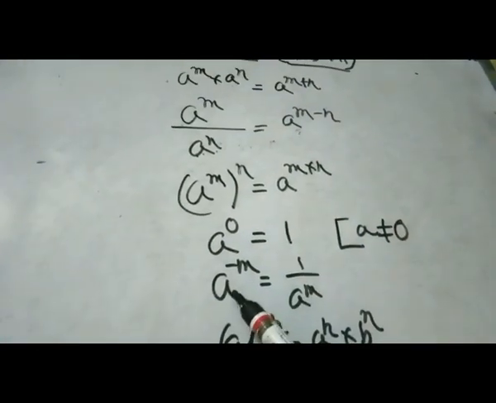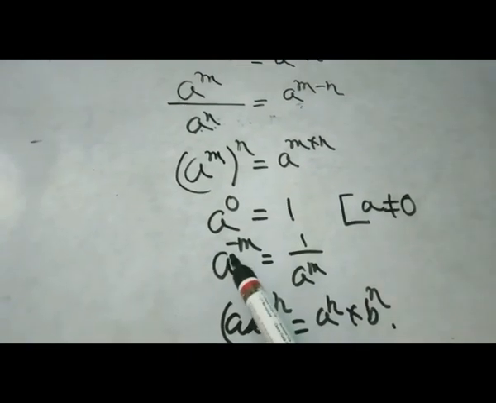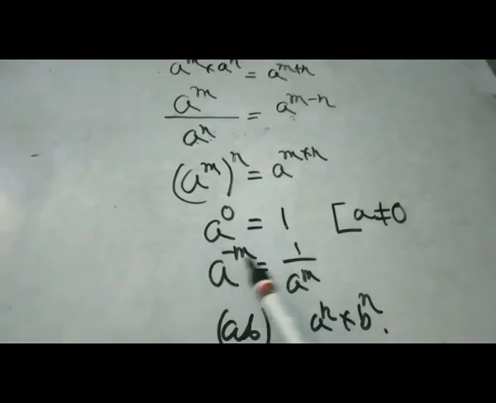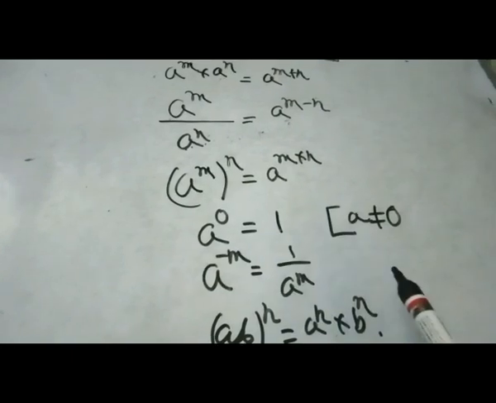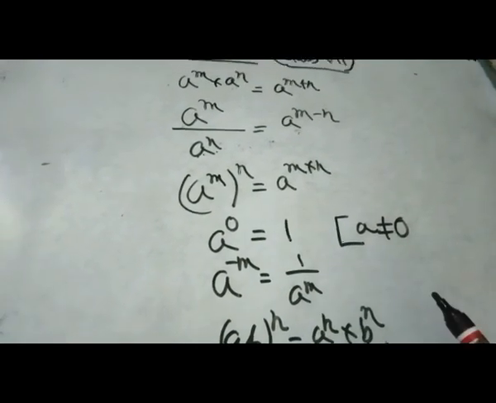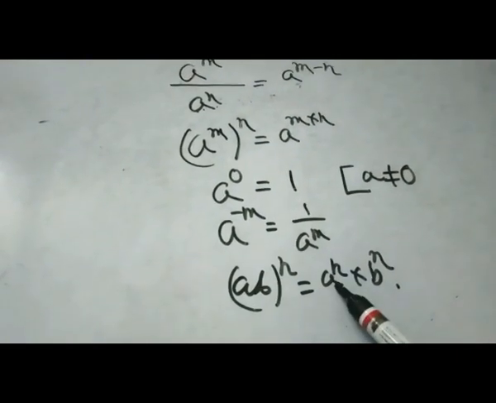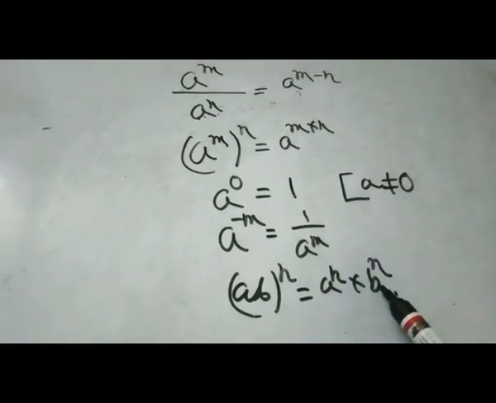Next, a to the power minus m equals 1 by a to the power m. You see that here the minus was present, that's why it has become the reciprocal. 1 by something, we have written 1 by a to the power m. The power automatically becomes plus and the 1 by form will be there. ab whole to the power n, how much is coming? a to the power n into b to the power n.